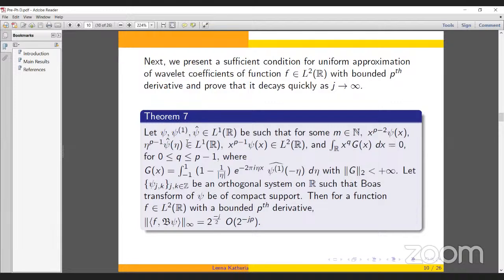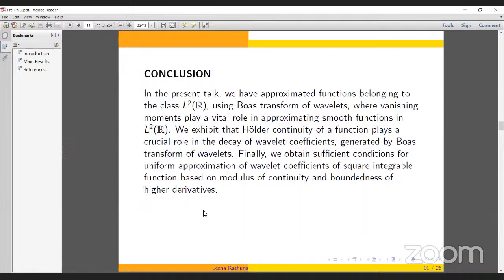Its first derivative is also integrable and its Fourier transform is also integrable. And if it satisfies these following conditions, then the norm of the inner product of f with the Bose transform of psi over L infinity will be equal to this constant.